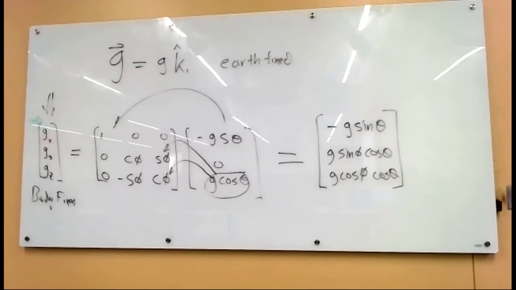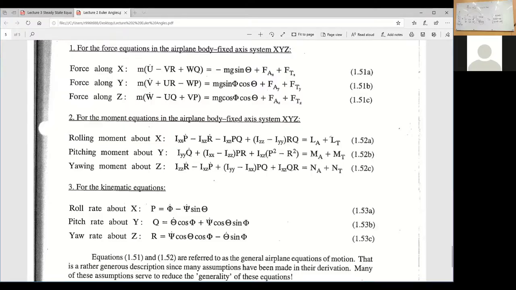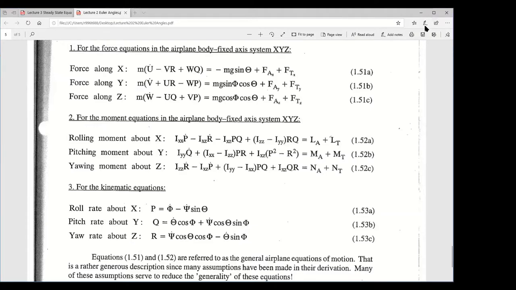All right, so once we get that gravity vector, then we stuff it back into the equations we had before. And we get this set of equations that's on the screen.